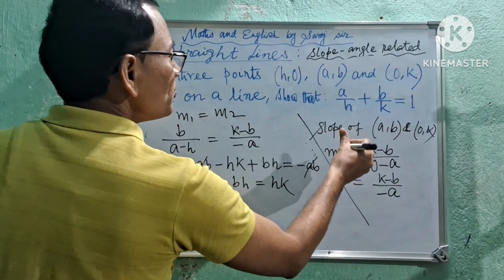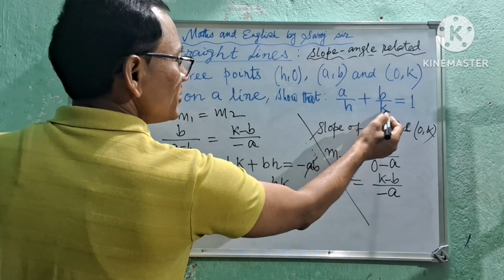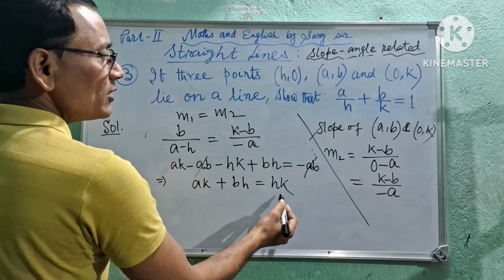Now we have to prove a by h plus b by k equal to 1. So the right hand side will be 1.